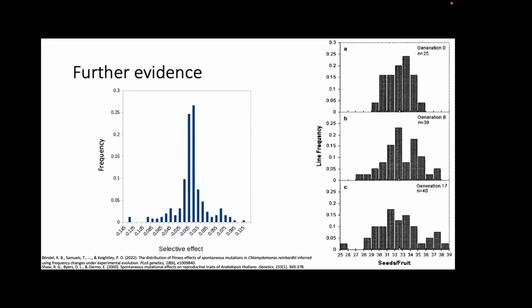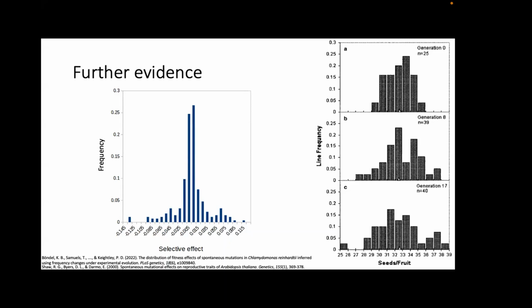More recently, a study on mutant lines in Chlamydomonas reinhardtii, which is an alga, also attempted to estimate the distribution of fitness effects and showed this symmetrical distribution across the center, about 0. Showing that about half the mutations they were modeling were good and half of them appeared to be deleterious. So what's up with that?